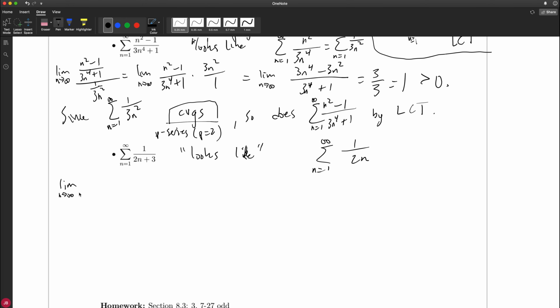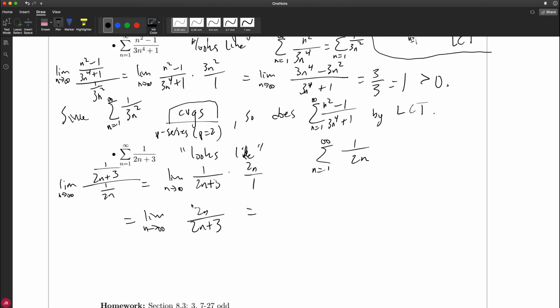So let's take the limit of the ratio of the summands. So I'm going to flip and multiply, which is the limit as n goes to infinity of 2n over 2n plus 3. Apply L'Hopital's rule, or notice that it's a rational function, n going to infinity, and they have the same degree. They're both degree 1, so it's just the ratio of the leading coefficients, which is 1.